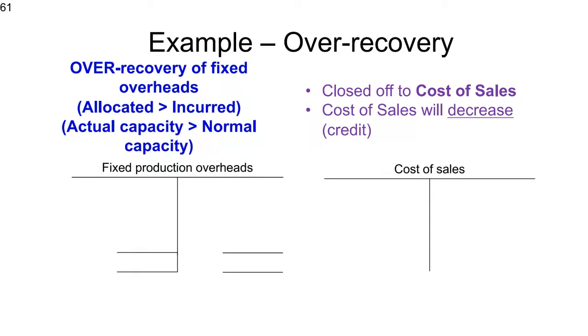Our fixed overheads is going to be an expense. It can be many things; we can call it rental, whatever. Then we credited our expense, meaning we decreased our expense, and we decreased it by 220.